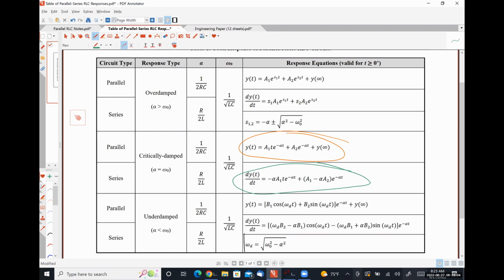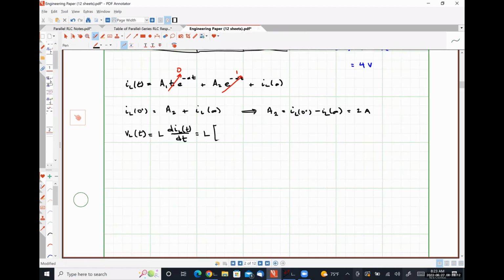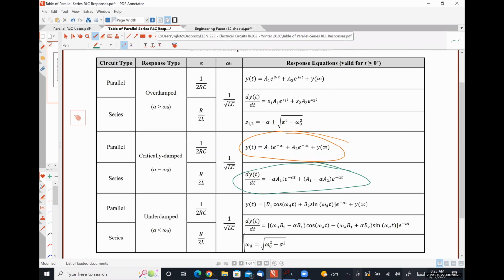Negative alpha A1 t e to the negative alpha t plus A1 minus alpha A2 e to the minus alpha t.